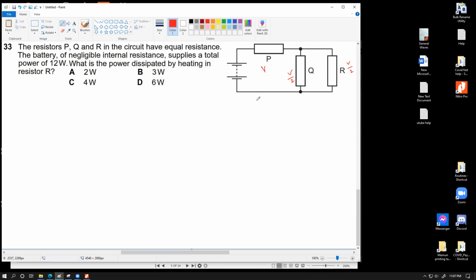If you understand this much, then the rest of the problem is also very simple. I'm gonna try to figure out P_P is to P_Q is to P_R.